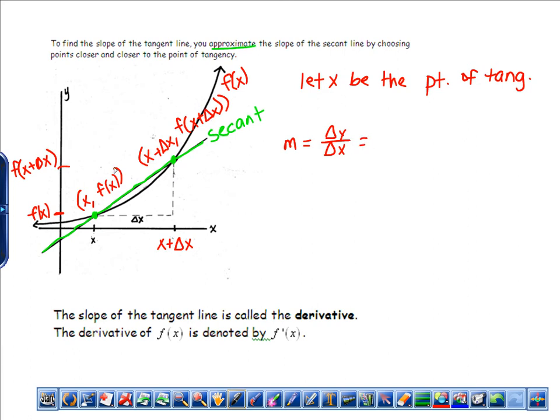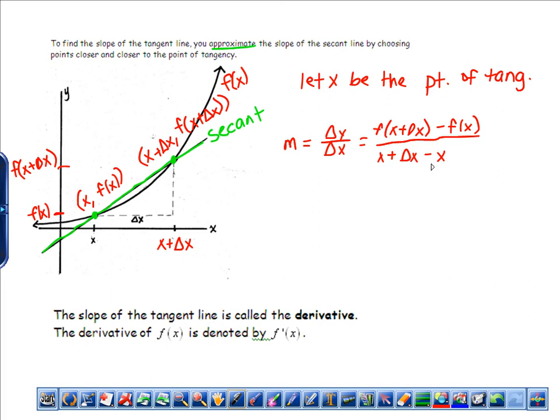Let's do y2 minus y1, thinking back to the slope formula from Algebra 1, f of x plus delta x minus f of x, all over x2 minus x1, so that would be x plus delta x minus x. Well, you notice something in the denominator happens.